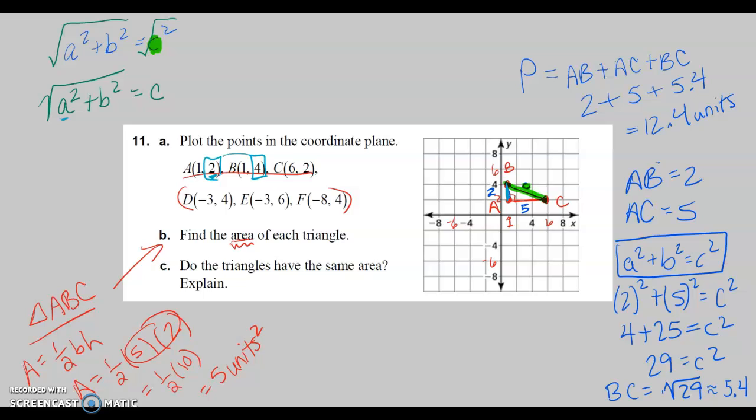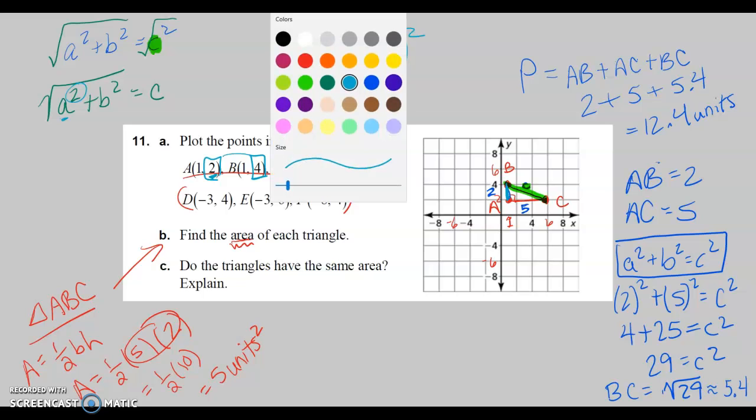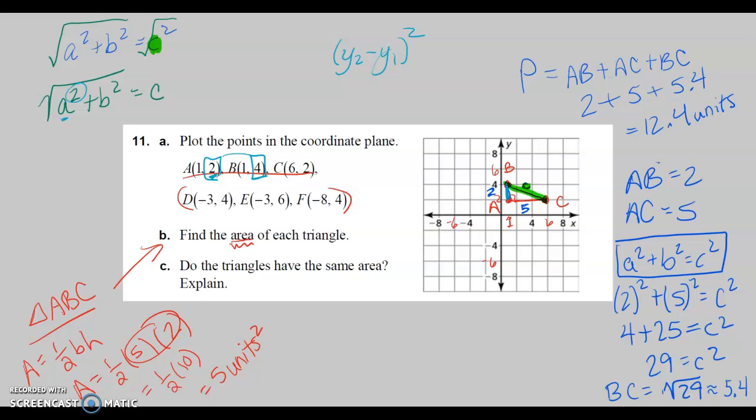We'll call one of them y1 and one of them y2, no big deal. We have to remember that we're squaring it still. Keep watching. All right, so then you have the distance between A and C.